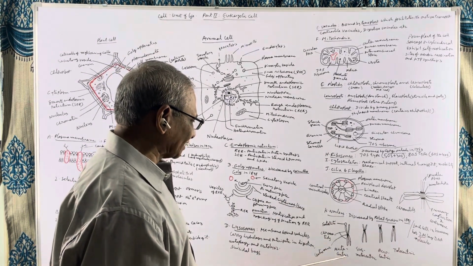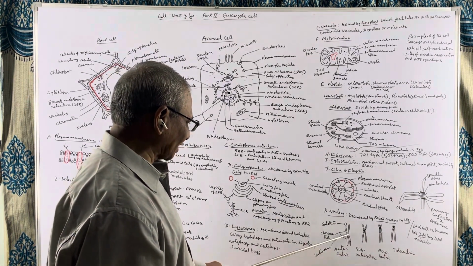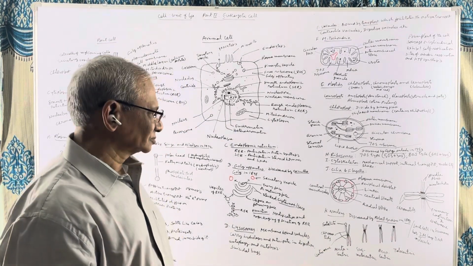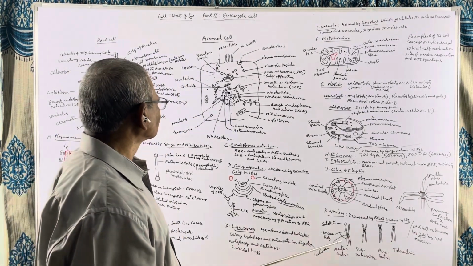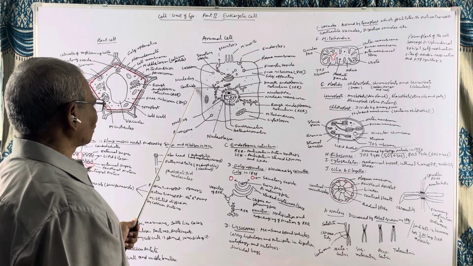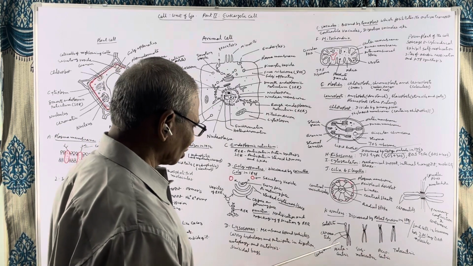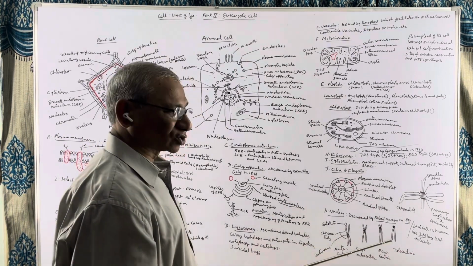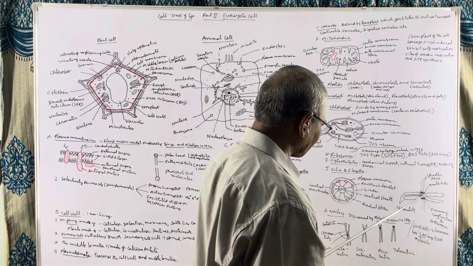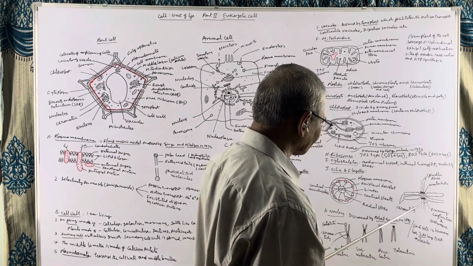The first type, metacentric type. The primary constriction is also known as centromere. Don't confuse centromere with centriole. Centrioles are different from centromeres. I have drawn here this primary constriction or centromere.